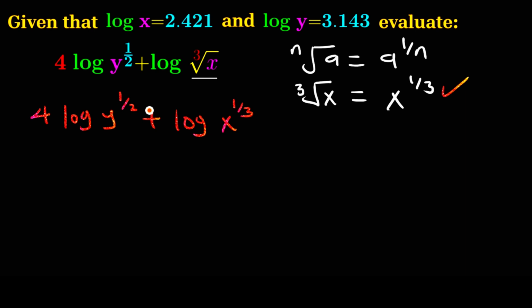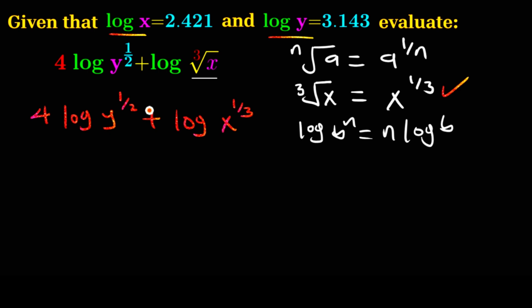So now all we have is log of x and log of y. So we have to manipulate these expressions so that we can be able to use log of x and log of y with their substitutions. So according to the laws of logarithms, when you have log of b power n, that is the same as n log of b.